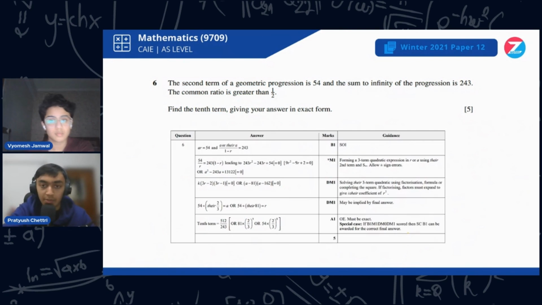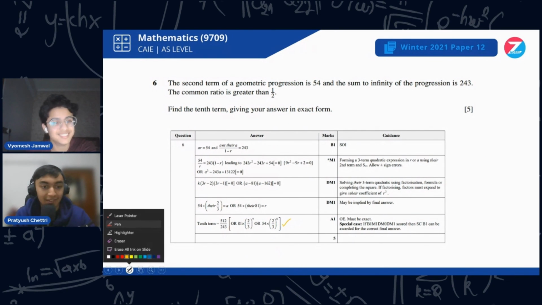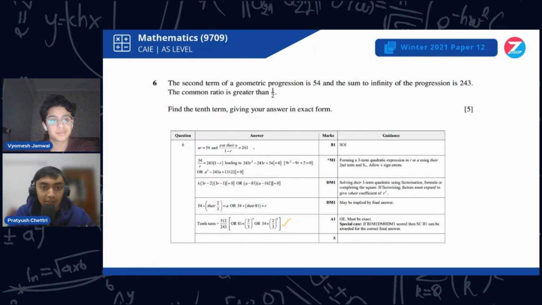So let's check the mark scheme. Yes. Sometimes they do give weird looking answers. First thing, 2 equations. Second thing, you somehow rearranged and got a quadratic. They did either a quadratic for A or a quadratic for R. And with that, you need to factorize that.